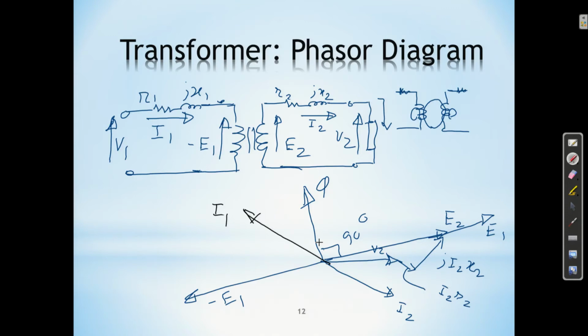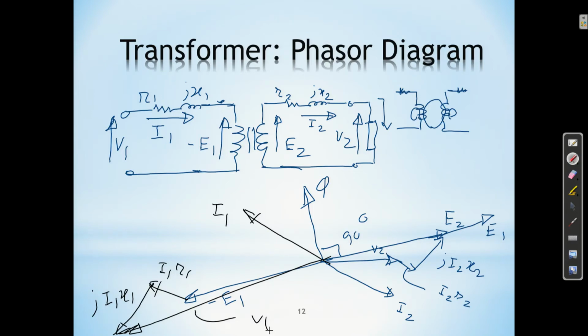Then we add I1 R1, nothing to be scaled, and then j I1 X1 ahead of this by 90 degrees, and adding it up gives V1. This is the phasor diagram of the transformer.